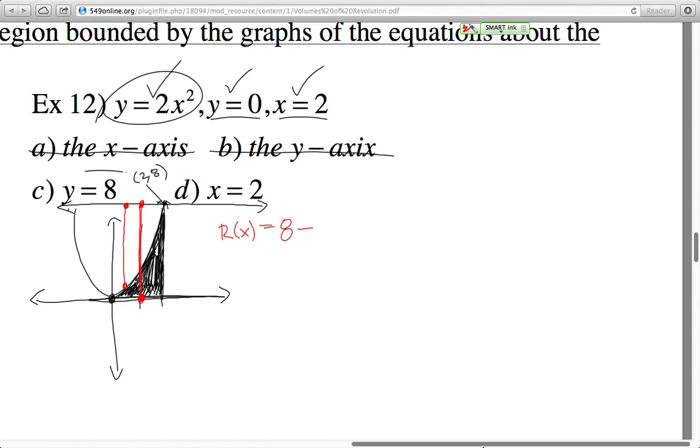No, you're killing this one. The axis is y equals 8, and the other is 0. So what does it end up being? 8. No 2x squared yet. All right, there's the outer radius.